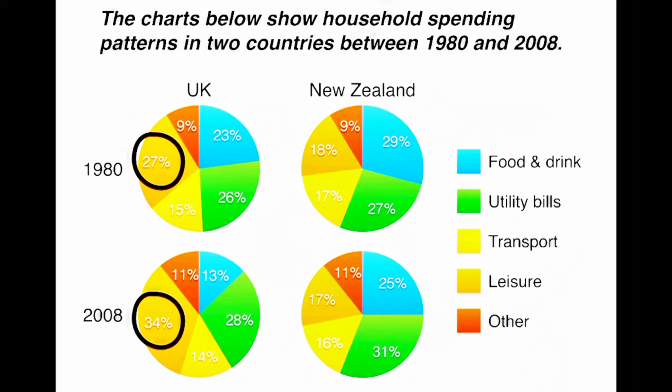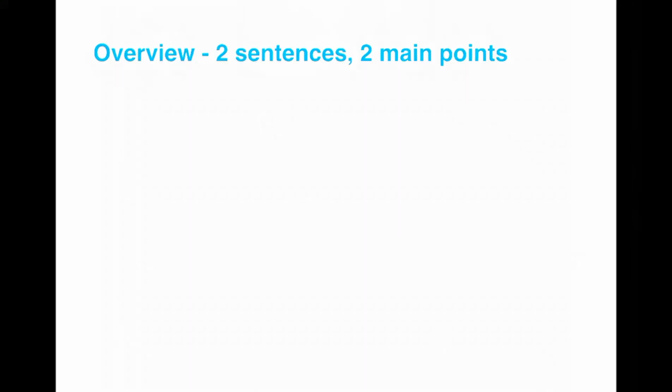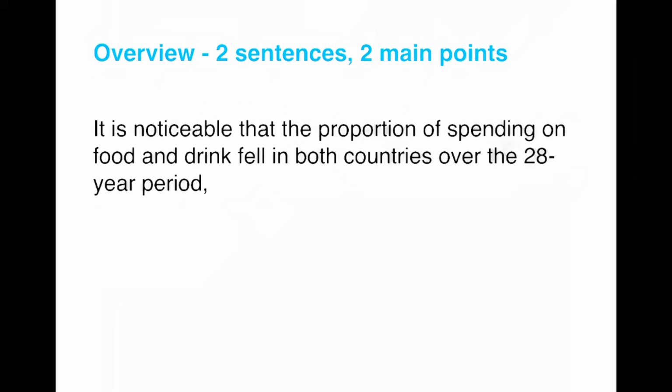Let's see how I wrote that in my overview. It is noticeable that the proportion of spending on food and drink fell in both countries over the 28-year period, while spending on utility bills rose. Those are the 2 similarities that I pointed out. Second sentence.